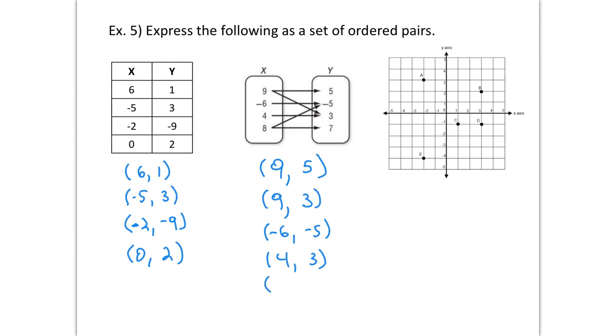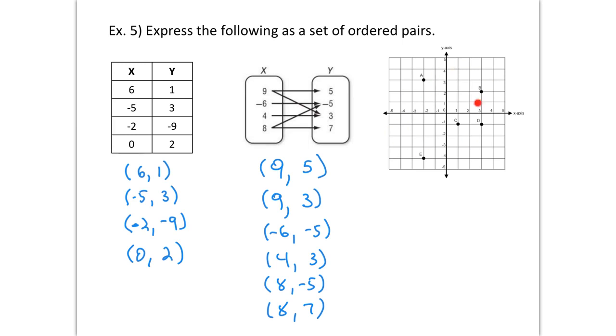We have 8, -5, and then 8, positive 7. So this mapping, we made it into ordered pairs. If you do not have two arrows, just one, like the negative 6 and the 4, you are going to have only 1 point with the negative 6 and a 4.